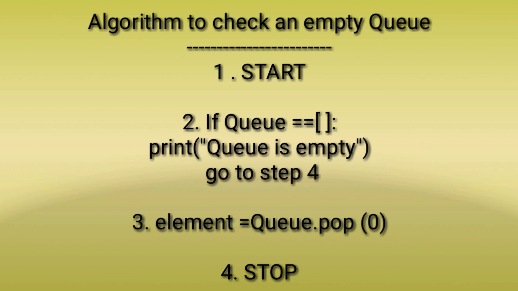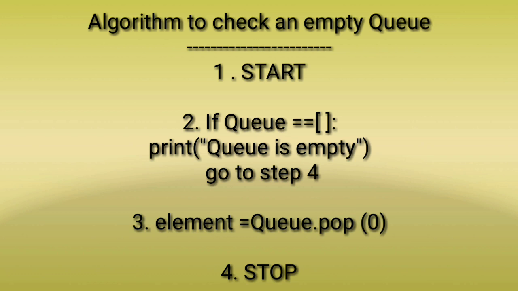Otherwise, element equal to queue dot pop of 0, removing the first element from the front end. Once again, if queue is an empty square bracket or if queue is empty, print queue is empty, go to step 4, stop.